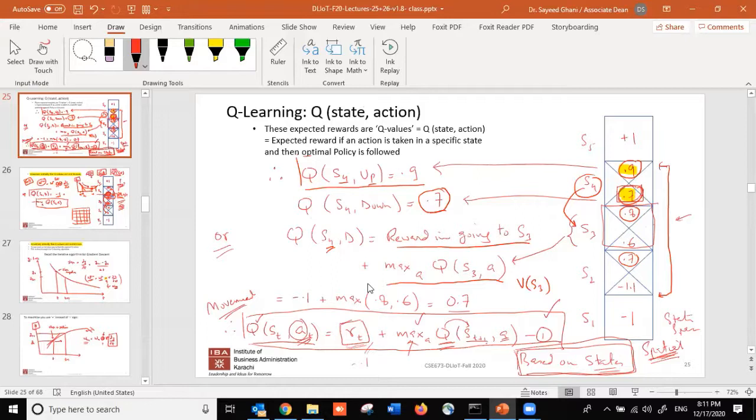Your total reward will be the reward of going to the adjacent state plus the reward from there, because we're talking about cumulative reward, not a one-time reward. Now, if you take this action going upwards, you get 0.8. If you go downwards, you get 0.6. So you take the maximum of those two. This is how we were calculating it based on the movement. Do you remember this now?